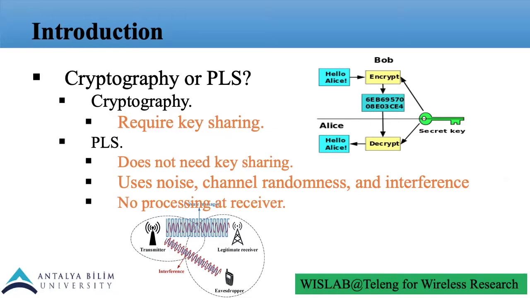Because in the next generation of Internet of Things, we want as little processing at the receiver as possible, because these are small devices that are supposed to use less power, have less memory, and basically have very limited resources. So we are trying to remove any kind of processing from those receivers. So this is another gap that you notice, and you try to work on finding a solution.